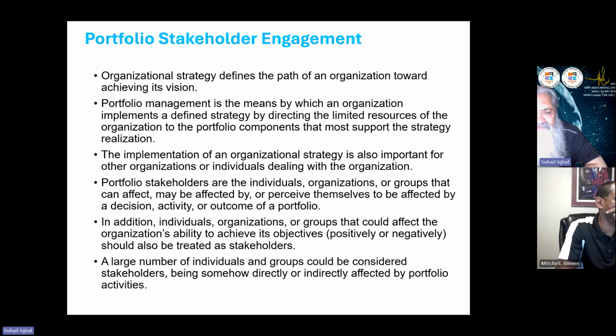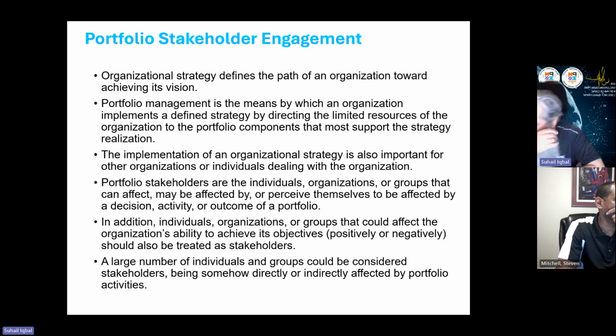And a formal definition for a portfolio stakeholder is that they are the individuals, organizations, or groups that can affect, or can be affected by, or perceive themselves to be affected by our decision, activity, or outcome of a portfolio.